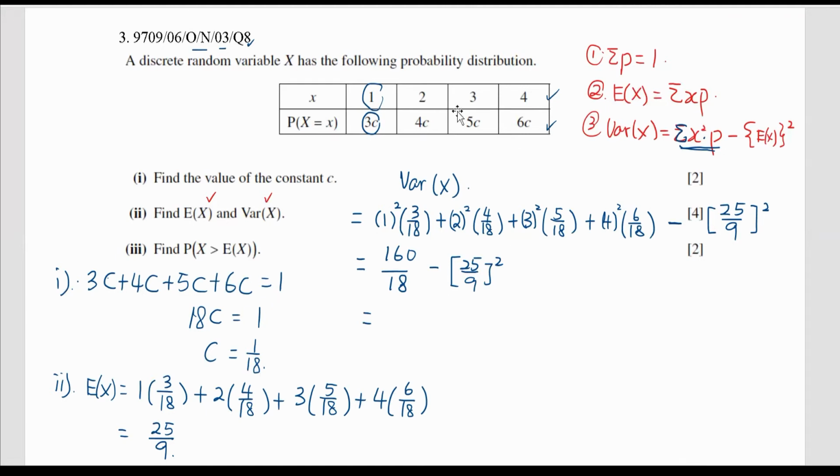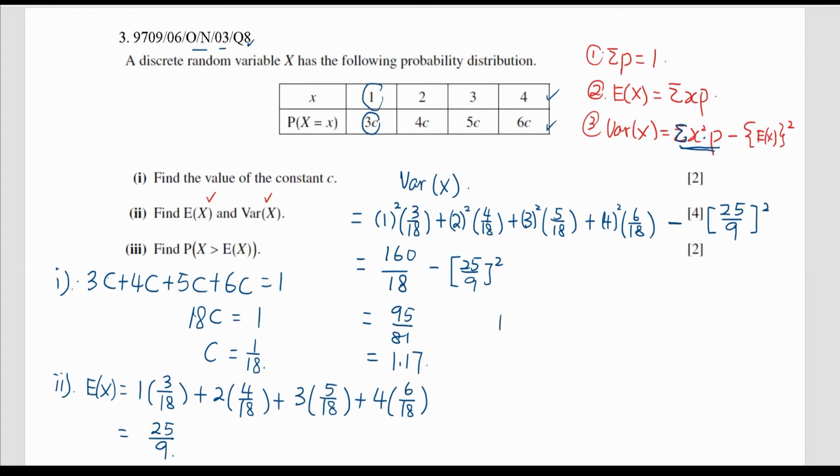So using the calculator, what do we get? 160 divided by 18 minus 25 divided by 9 squared. It can be written as the fraction 95/81. If you want to keep it as a decimal number, then you write it down as 3 significant figures, 1.17. All right, so that is the variance found for part 2.